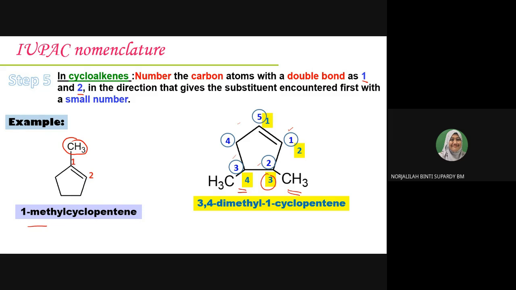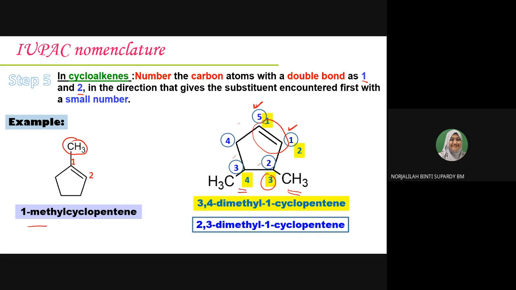If you number it as 1 and 5, you will get 2,3-dimethyl-1-cyclopentene.